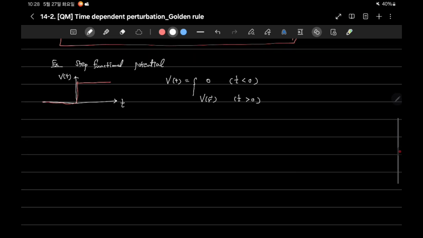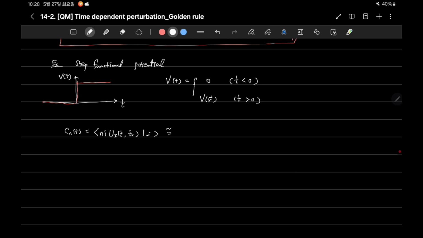So our purpose is to calculate c_n(t). Then c_n(t) is the initial state evolved by the time evolution operator U(t, t0).